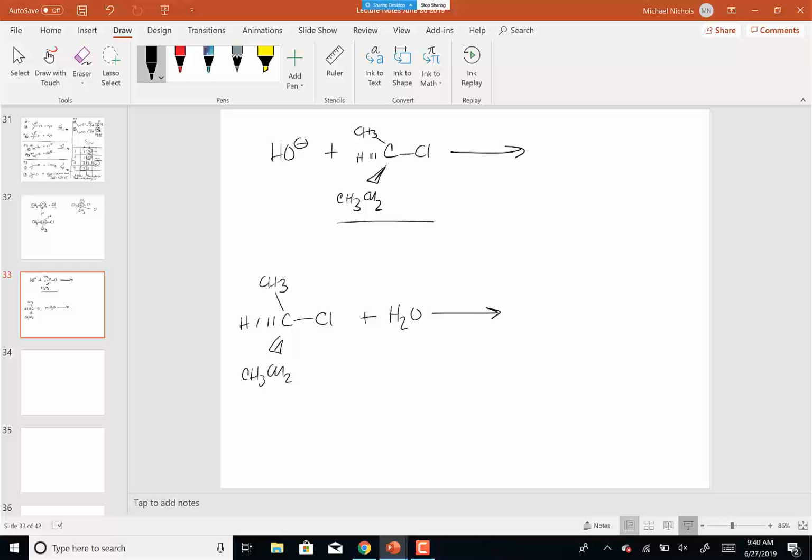And then the arrows. The arrow comes in from the OH to the carbon, and then from the carbon-chlorine bond it gets kicked out. Actually, the bond is going to the chlorine, because you're breaking the bond and giving the pair of electrons to the chlorine.